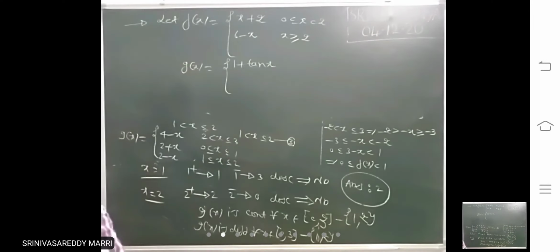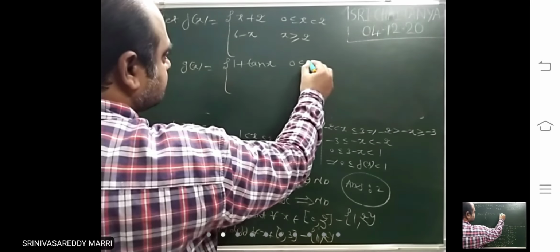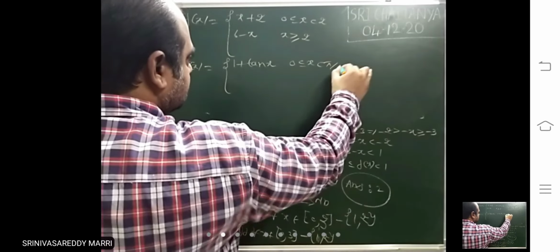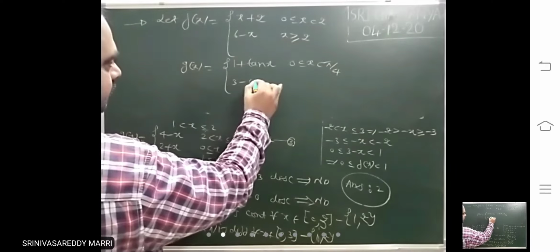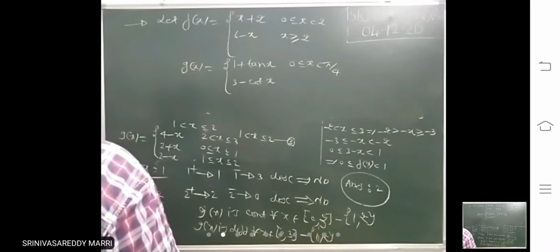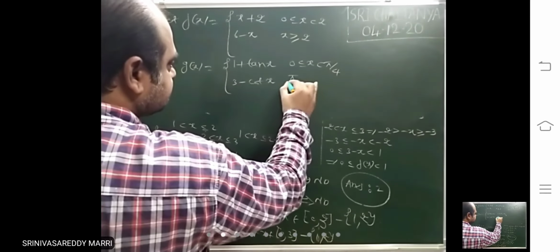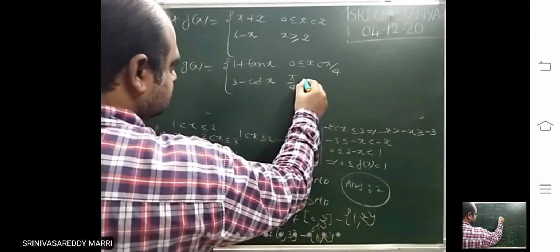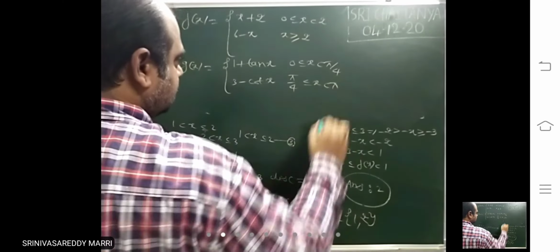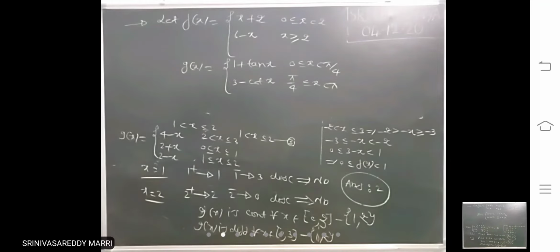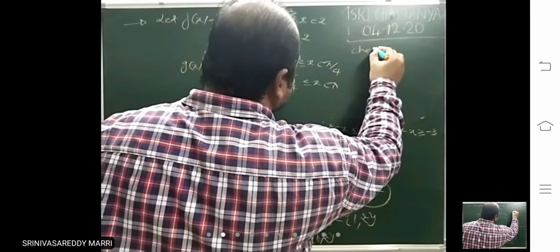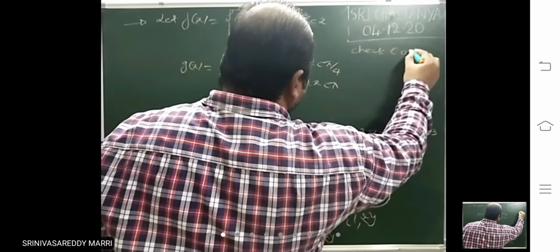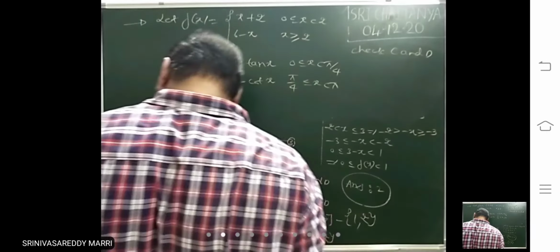One plus tan x for 0 to pi by 4, 3 minus cot x, defined like this. Look at, check continuity and differentiability.